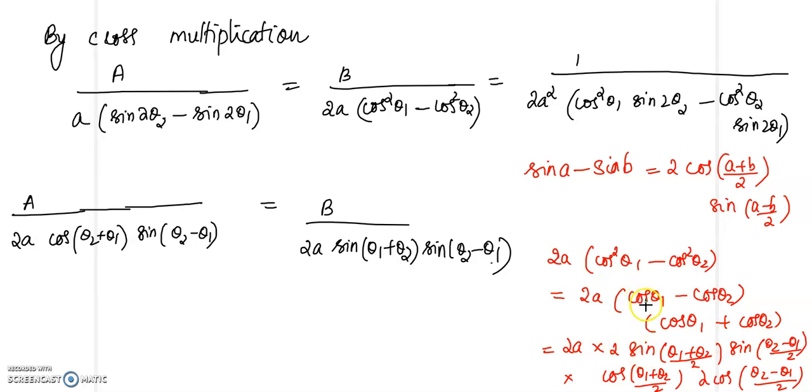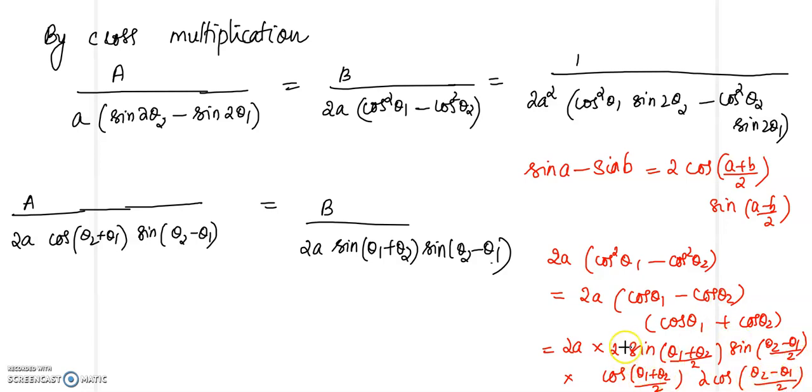Now this is in the form cos A minus cos B, that will be 2 sine (theta 1 plus theta 2)/2 into sine (theta 2 minus theta 1)/2, and cos theta 1 plus cos theta 2 will become 2 cos (theta 1 plus theta 2)/2 into cos (theta 2 minus theta 1)/2.